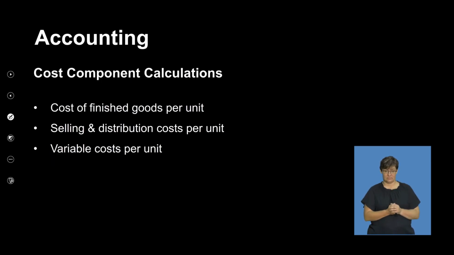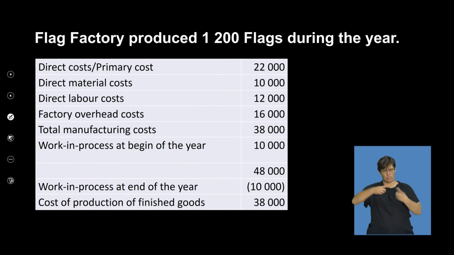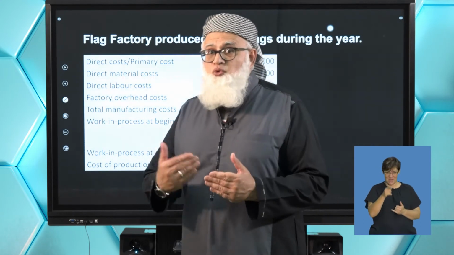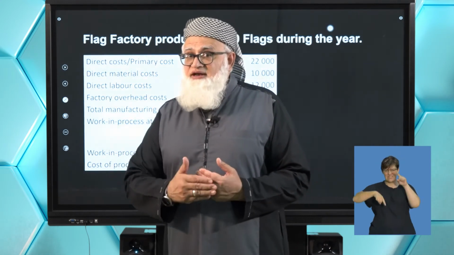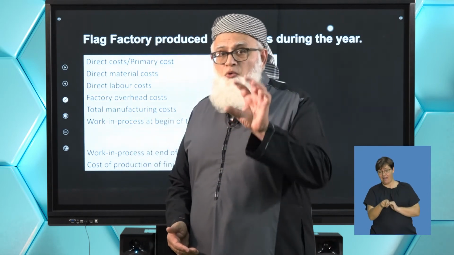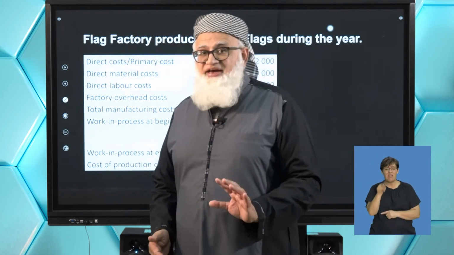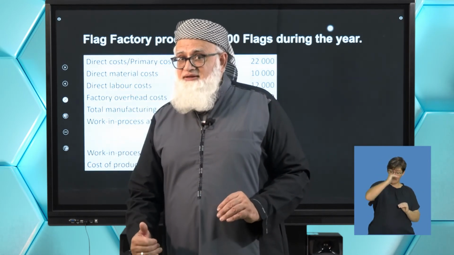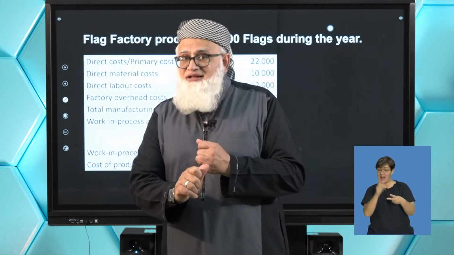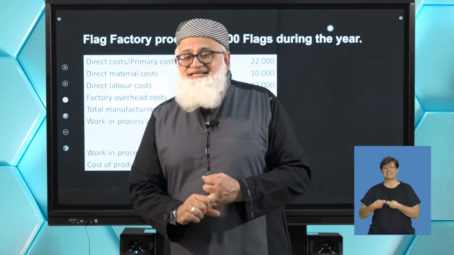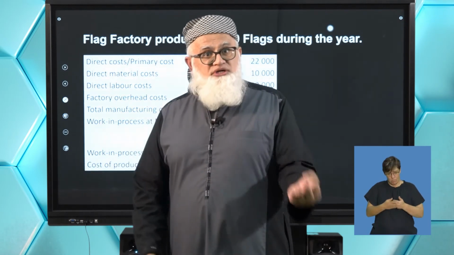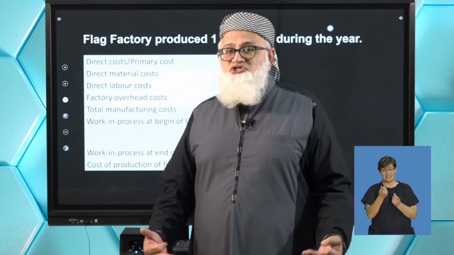If you're looking at your variable cost per unit, once again, you have to identify your variable costs. Which are your variable costs? This is where, remember we spoke about fixed and variable? You must identify which are your variable costs. Remember, variable costs are those costs that vary with the levels of production, and they are direct material, direct labor, and selling and distribution. The more you produce, the more you're going to sell, so clearly your selling costs are going to change as well.